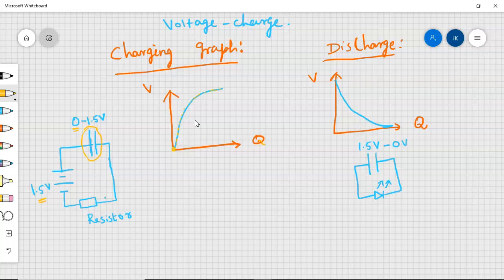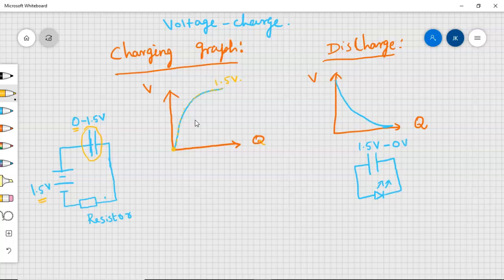Once the voltage across the capacitor is 1.5, the same as the battery voltage, it stops charging and the voltage stops increasing, and it reaches the maximum level of 1.5 volt. Now the capacitor is charged completely.